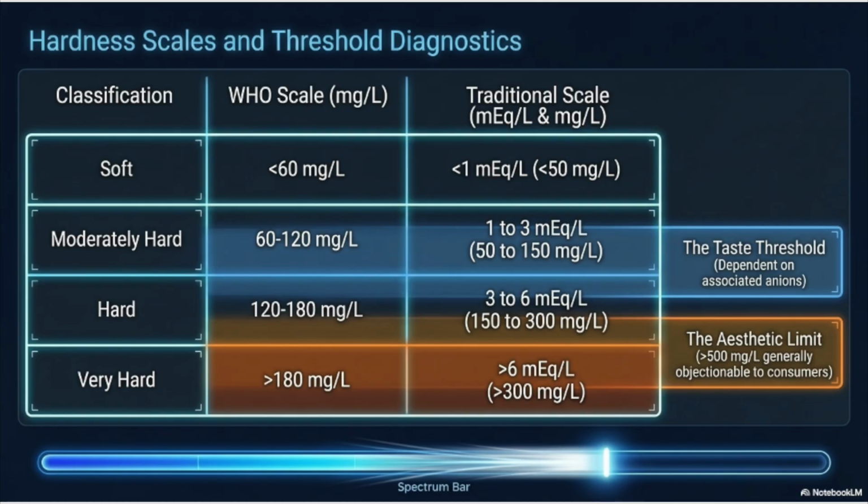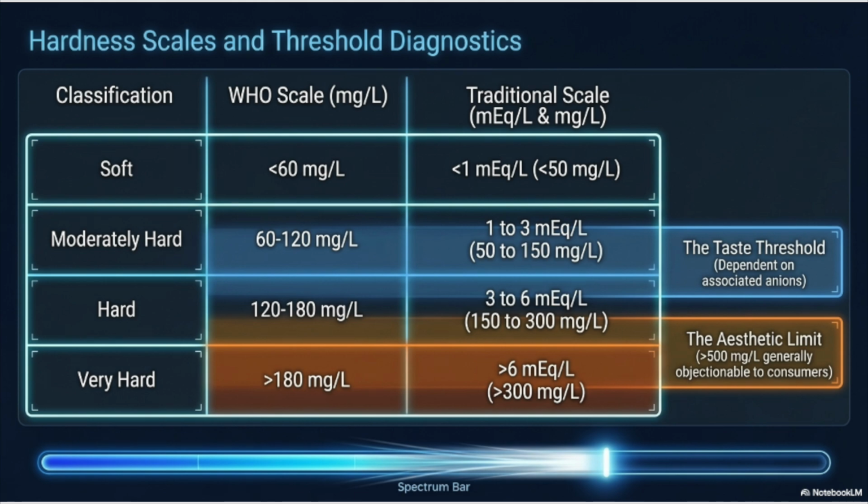To measure and classify this hardness, we use standardized scales. On the World Health Organization scale, water below 60 milligrams per liter is classified as soft. Water between 60 and 120 milligrams per liter is moderately hard.